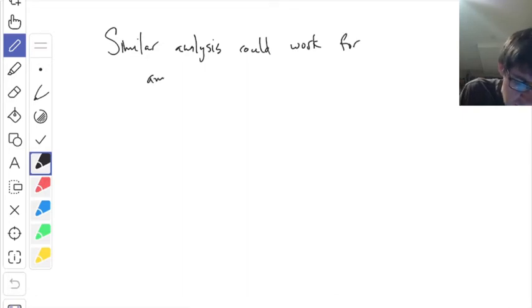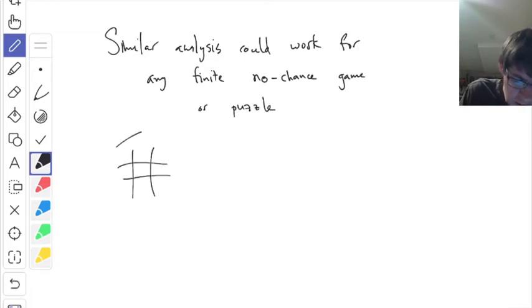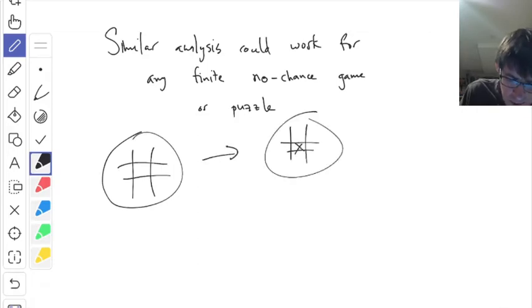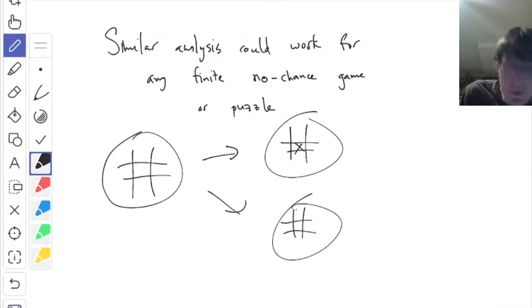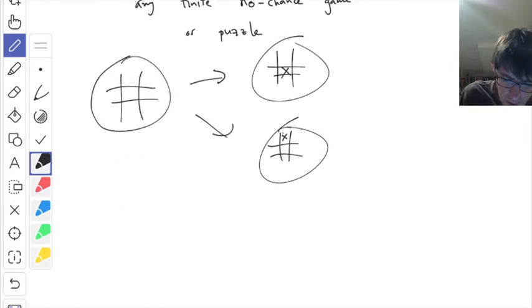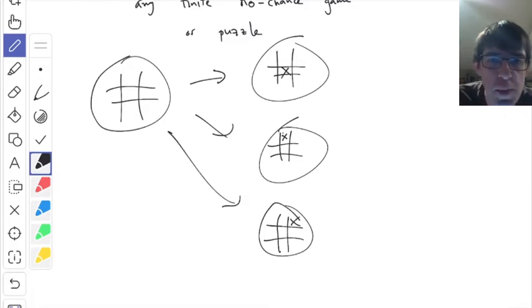For any finite, no-chance game or puzzle, for example something like tic-tac-toe, you could draw a state diagram which describes all possible tic-tac-toe games, right? You start with the empty board. In the first move, the person could go in the middle, or up top, or in the corner. Let's just say those are the only three possibilities.